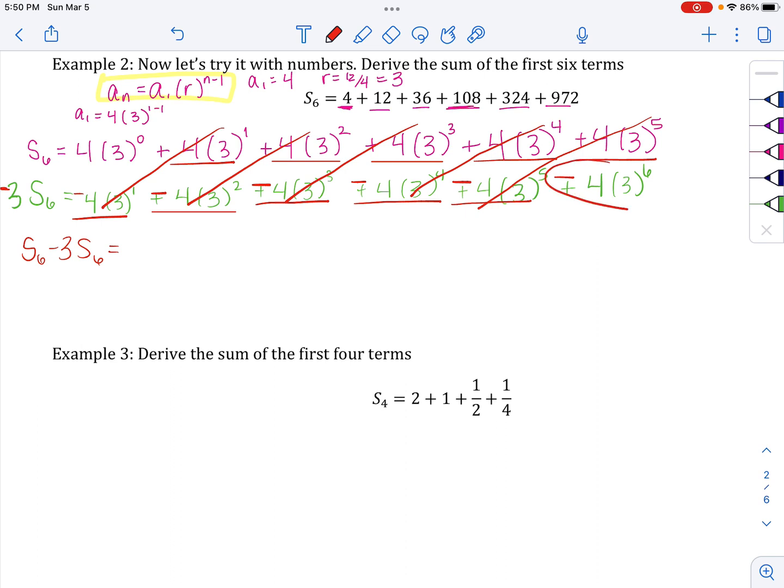I'm left with this last term here and the first term way back here. So we have 4 times 3 to the 0 power minus 4 times 3 to the 6th power.